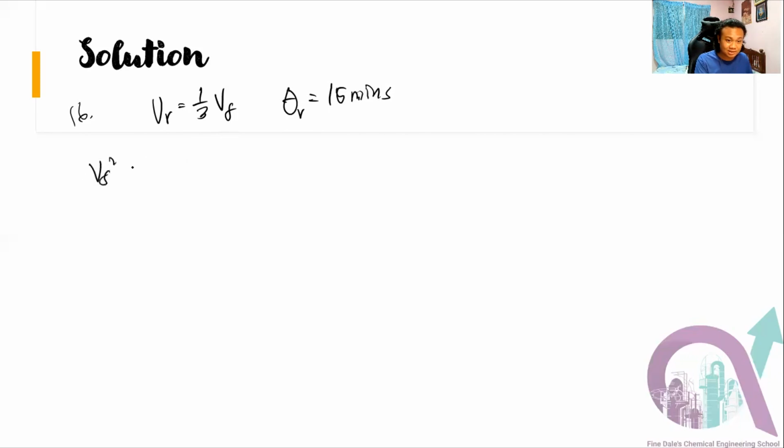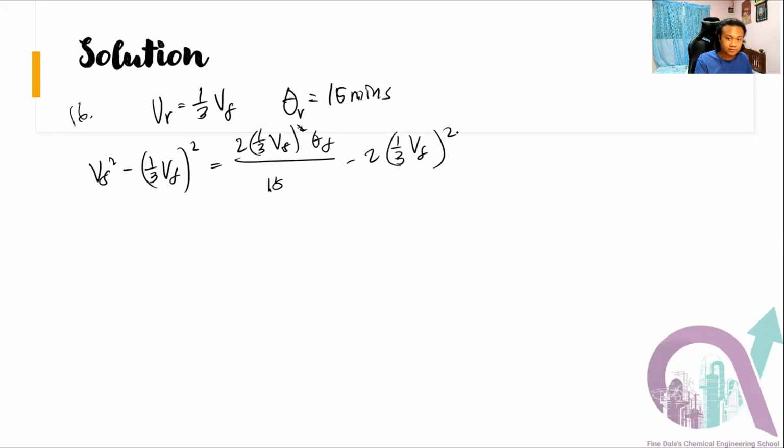So that's VF squared. Just substitute that there, that's squared, and then you have that. This is 15, then 2, 1/3 VF squared. Okay, so shift solve, you have 75 minutes.